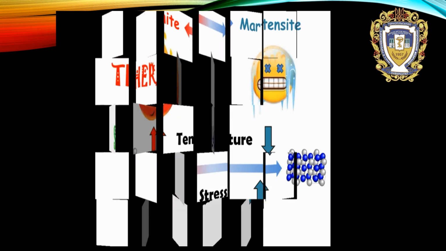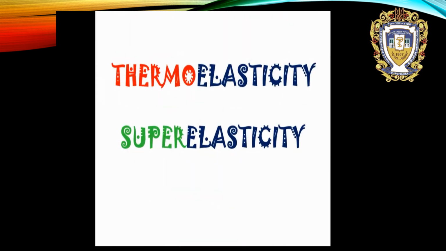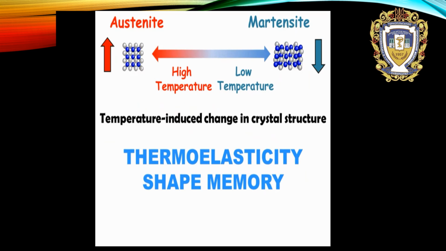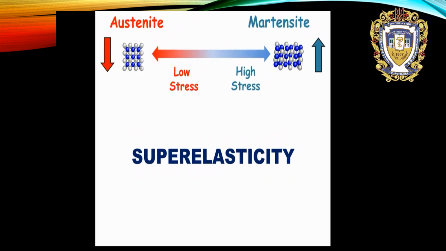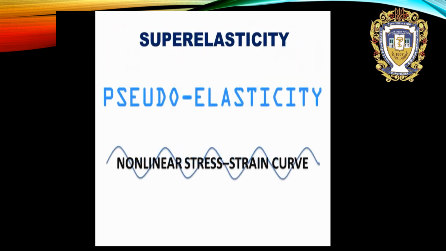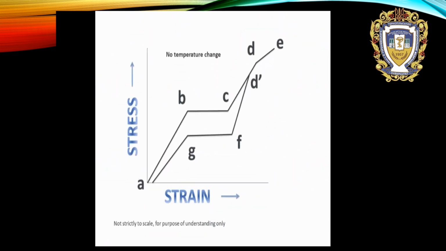Because of this, two remarkable properties are found in nitinol alloys: thermoelasticity and superelasticity. The temperature-induced change in crystal structure is called thermoelasticity or shape memory, while the stress-induced change in crystal structure is called superelasticity, frequently described as pseudoelasticity, due to the non-linear stress-strain curve, which is not typical of elastic behavior.